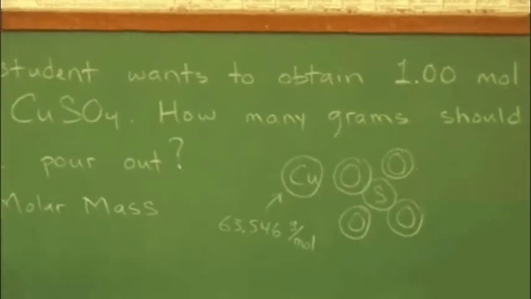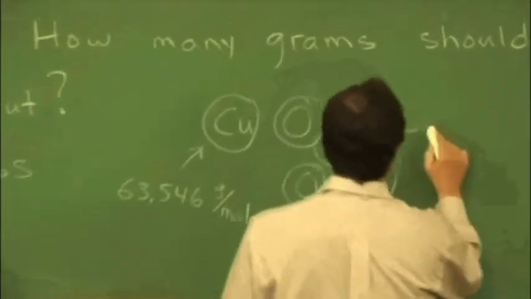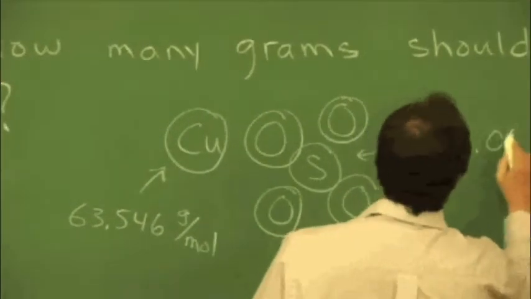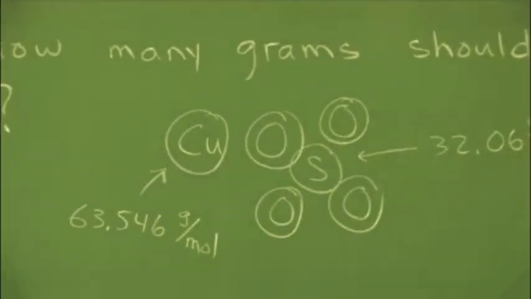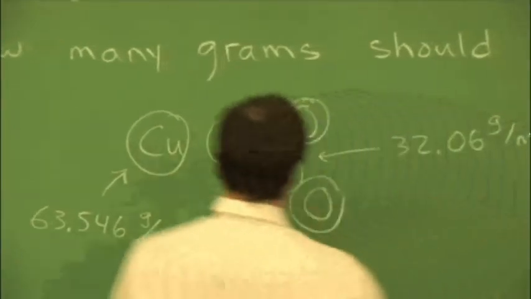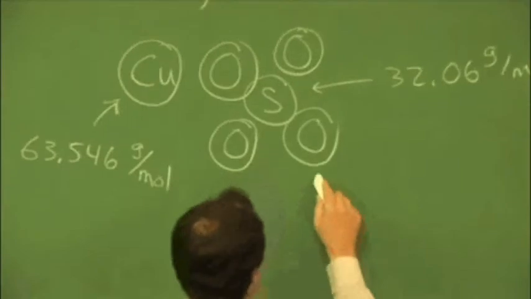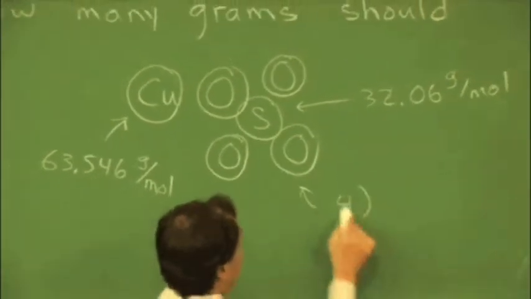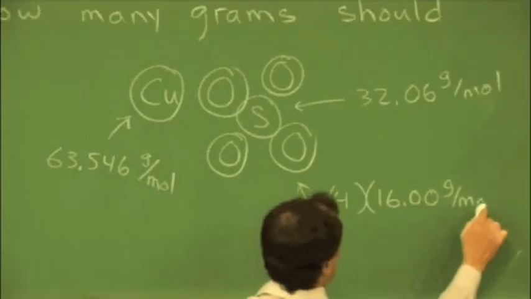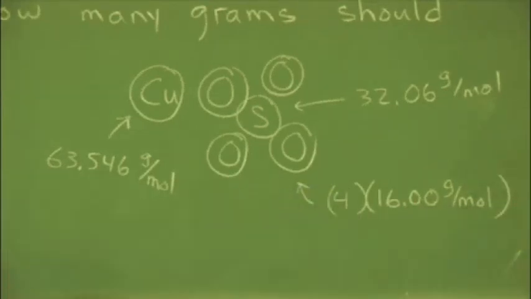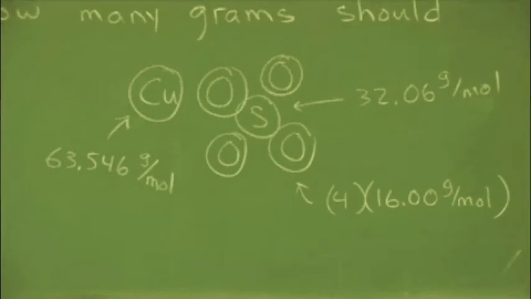We have 1 sulfur, and the sulfur is just above 32 grams per mole. And we have ourselves 4 oxygen atoms. Each oxygen is 16 grams per mole. I'm going to point an arrow to one of the oxygens and write down 4 times 16 grams per mole. So we essentially have pieced together the molar mass of copper sulfate.